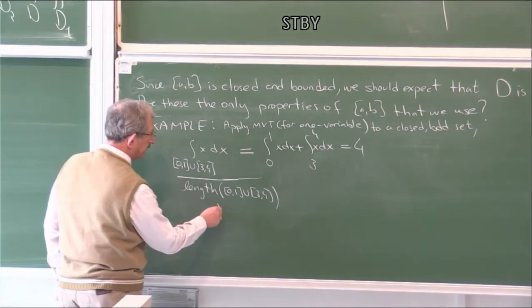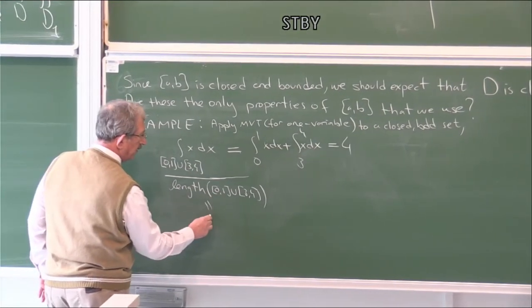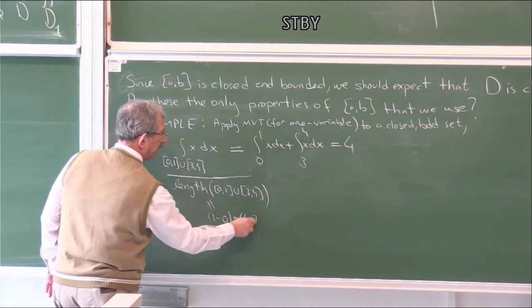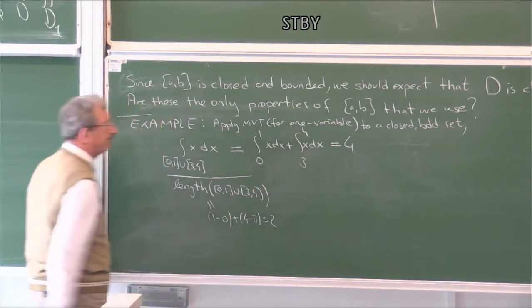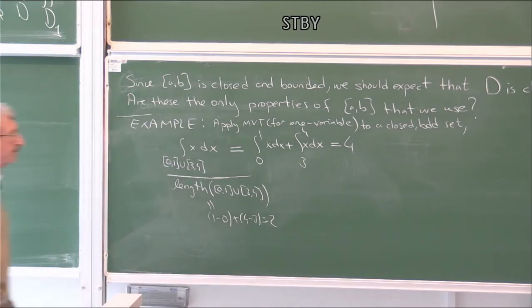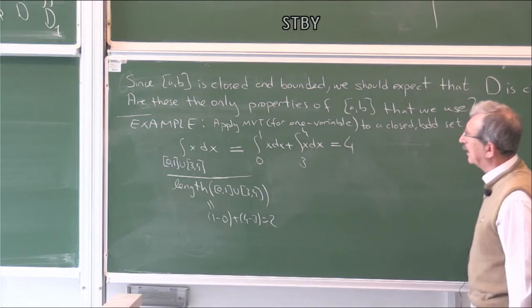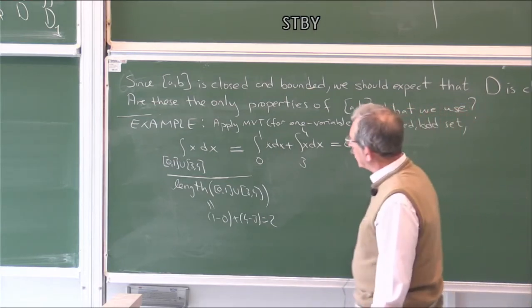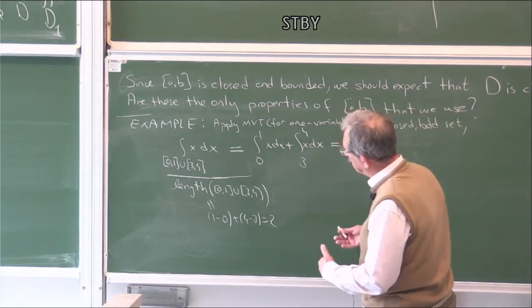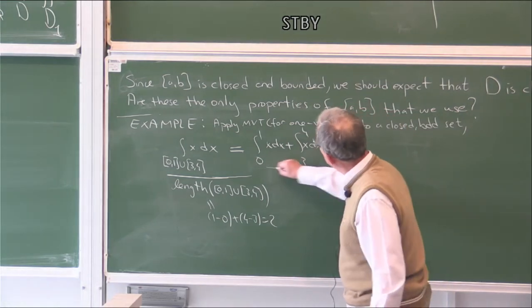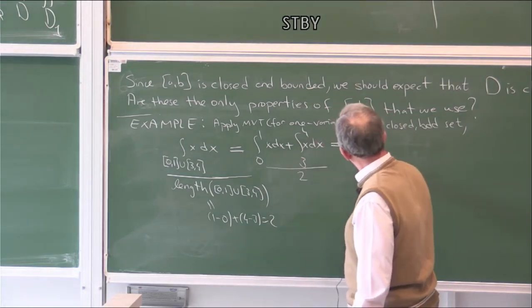You can take this length as 1 minus 0 plus 4 minus 3, which is 2. So the integral is 4, the length is 2, so divide by 2.